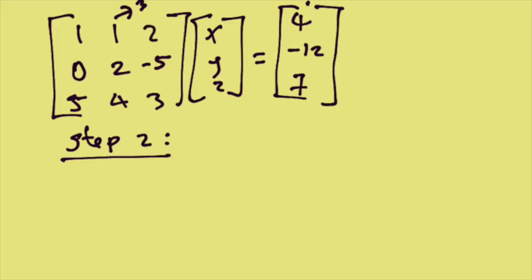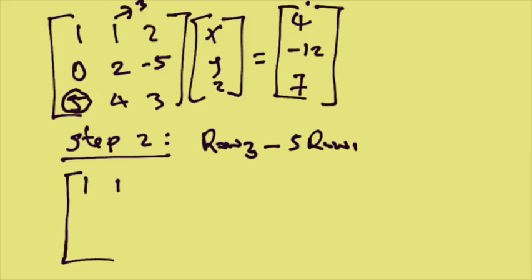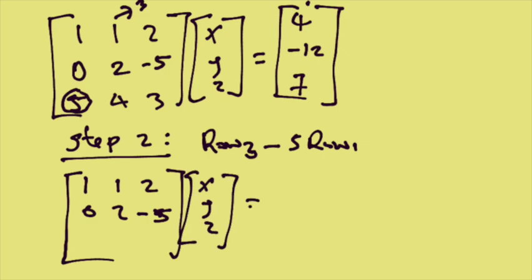Step 2 now is to get rid of 5. So step 2 will be row 3 minus 5 row 1. The same thing applies: 1, 1, 2, 0, 2, 5, then x, y, z. We have 4, negative 12, and then the third is what we're looking for now.